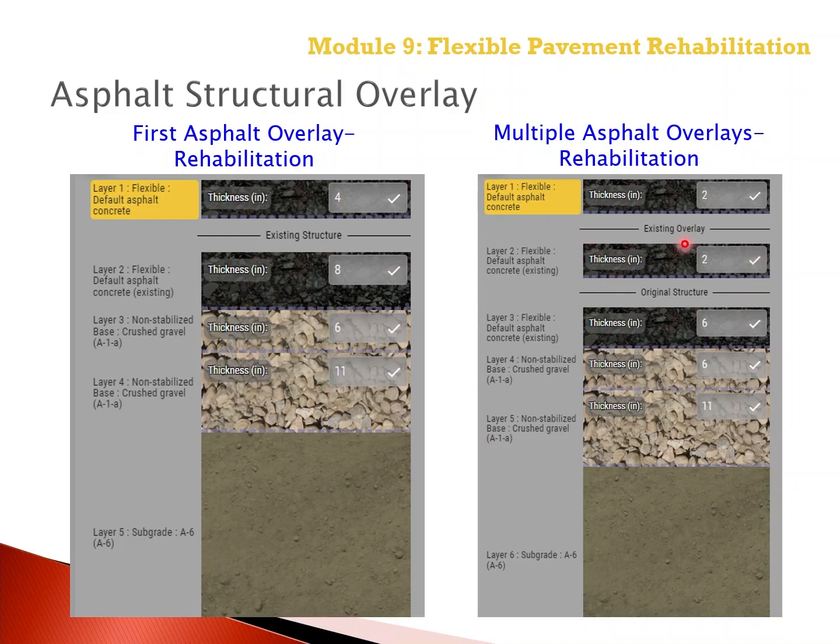So in the pavement structure simulated that we saw when we had the software open, it has a future asphalt overlay, an existing asphalt overlay, and then the original pavement structure, compared to the first asphalt overlay that has our future asphalt overlay and then only the existing or original flexible pavement or asphalt pavement structure. All other layers, including the new asphalt layer, are simulated in the same way.